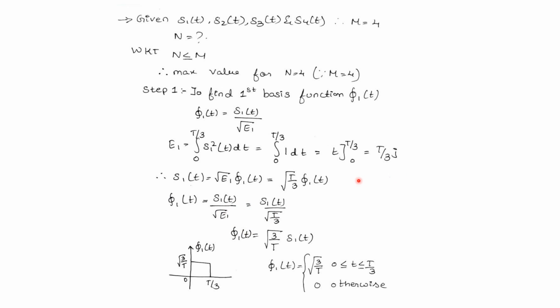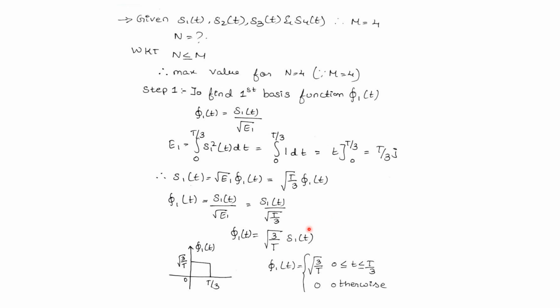Substituting the E1 value which I obtained here in this equation, I am getting phi 1 of t is equal to root 3 by T into S1 of t, multiplying root 3 by T with the S1 of t signal given in the question.